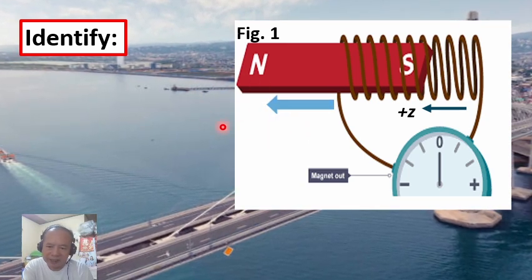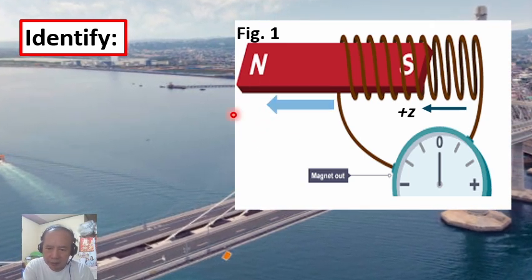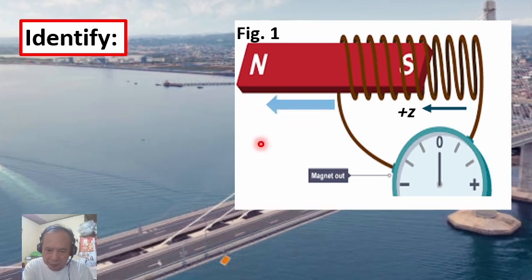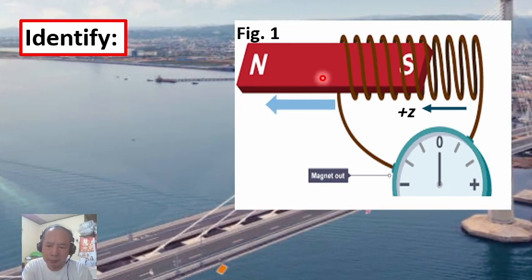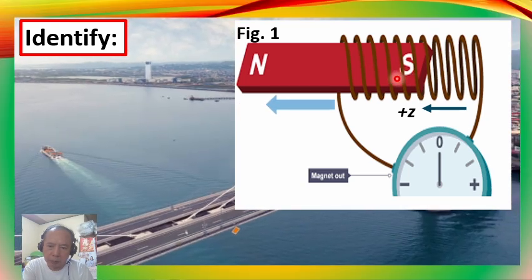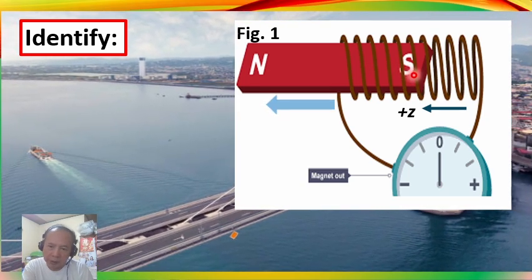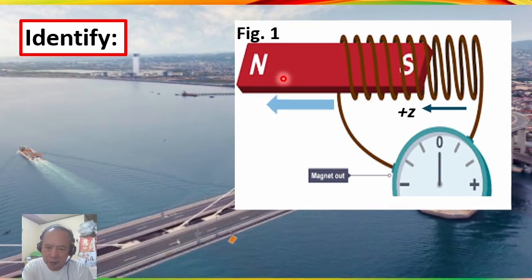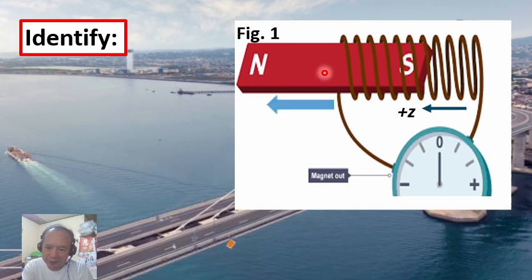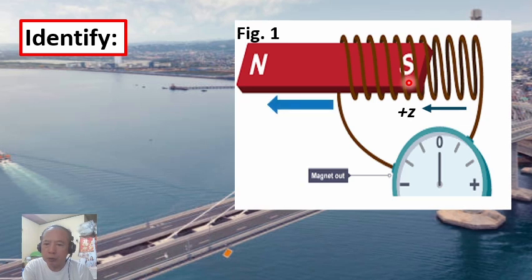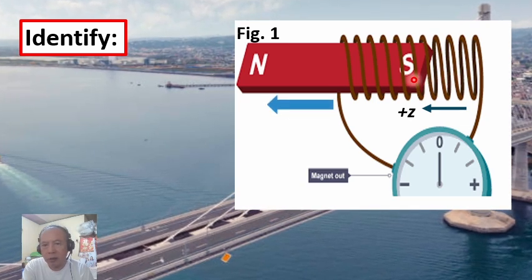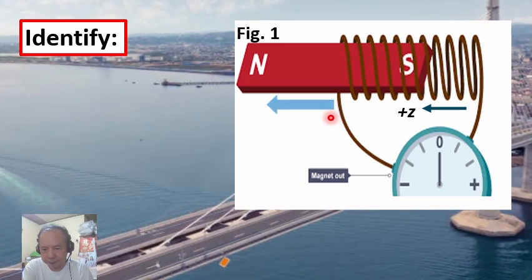Again, we emphasize that as illustrated in the figure, the bar magnet, whose south pole is on the right end and its north pole on the left end, is being withdrawn from the inside of the coil of wire.